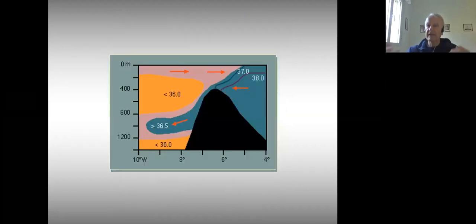That's how it looks if we move a little bit farther and don't look into details. What we can see is that this water of the density of 38 kilogram per meter cubic exits the Mediterranean and then spreads at a depth of around 1,000 meters.